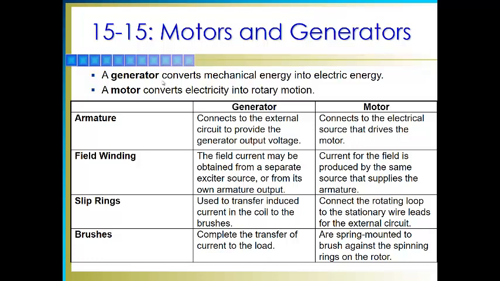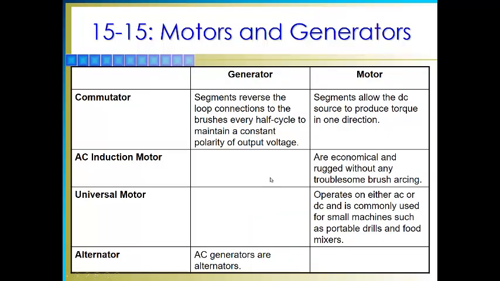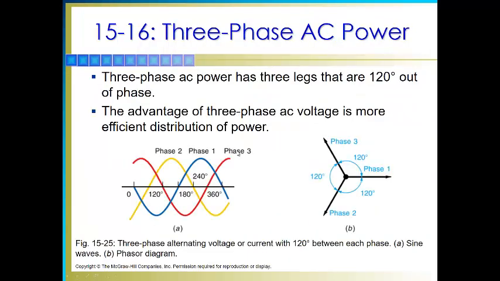We have a magnet and conductors turning within the magnetic field, and the flux induces voltage into the conductor, positive or negative. That is a generator, because you're going from doing something mechanically to producing electricity. And the motor is the other way around. Motors convert electricity into a rotary motion, which is a mechanical motion. Here are some characteristics that you can read through in your textbook.